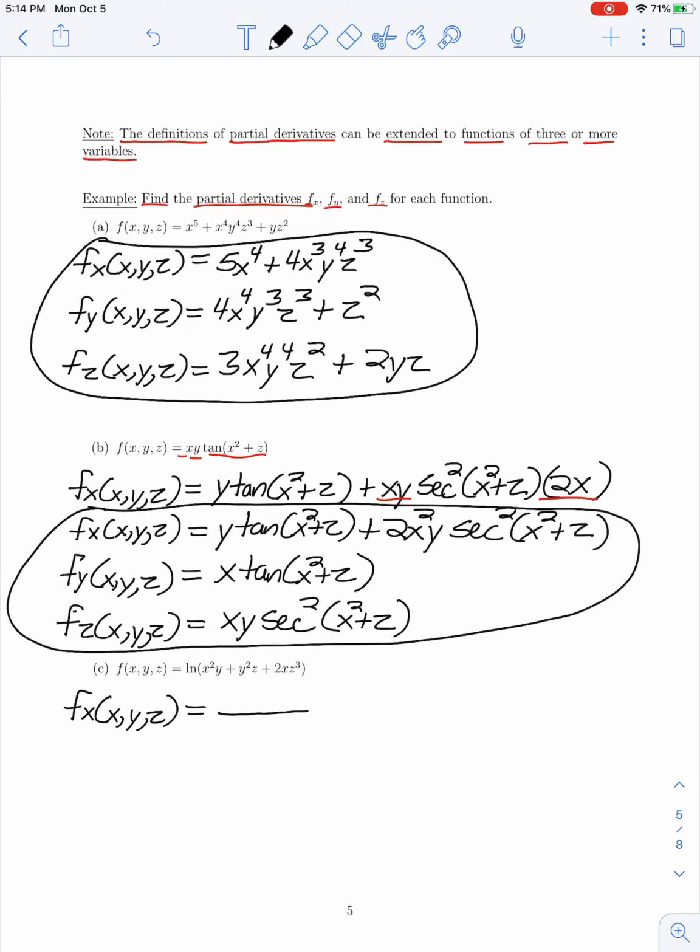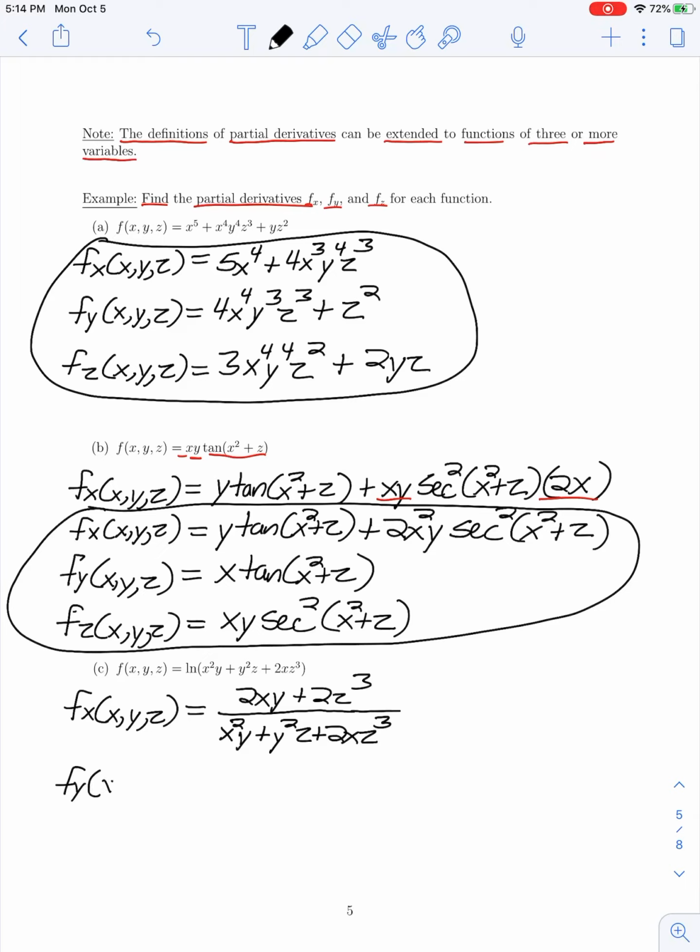So the derivative of natural log of stuff is 1 over that stuff. So in this case, 1 over x squared y plus y squared z plus 2xz cubed times the derivative of the inner function with respect to x, which would give me 2xy plus 2z cubed.